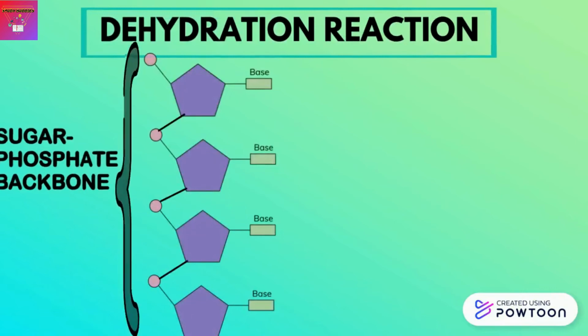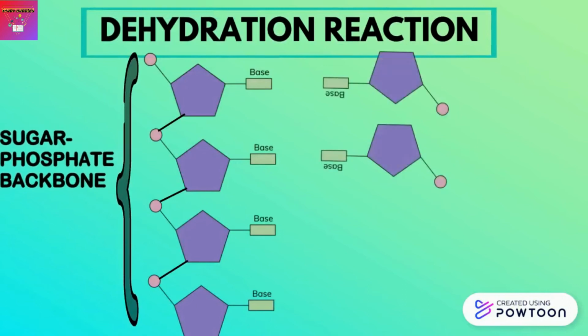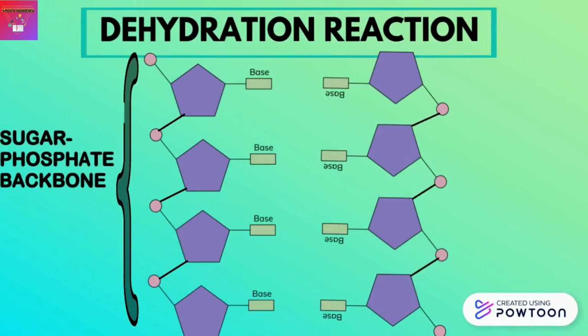This whole polymer would become an RNA if the sugar inside it is ribose sugar. Let's say the sugar inside is deoxyribose sugar. Another exact chain of monomers will form right beside this chain, but in the opposite direction, kind of in an inverted manner.